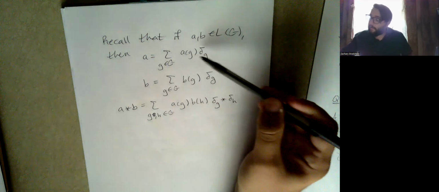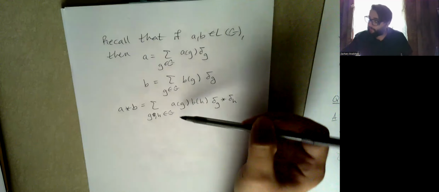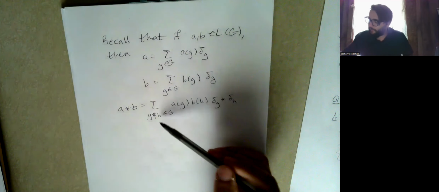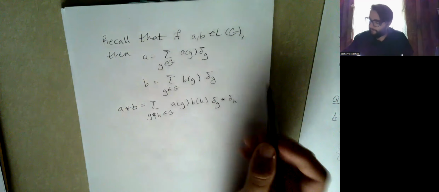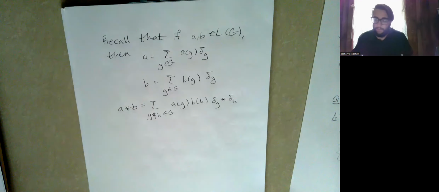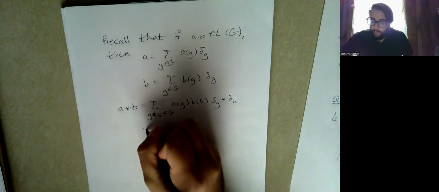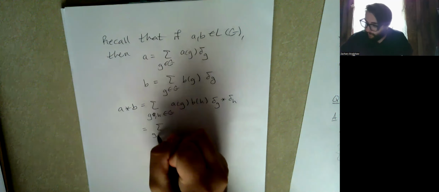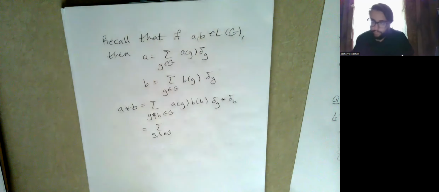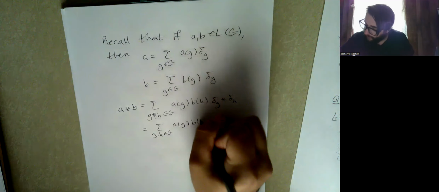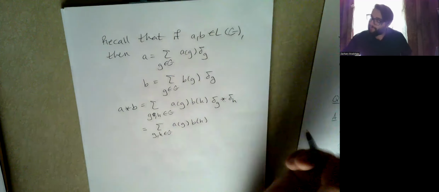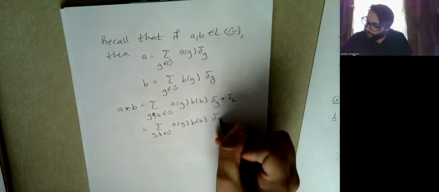I've written out both of these sums, the second one in terms of H, and I've assumed that the distributive law holds. So this is just some product here, and this is a sum over G, H in G of A of G, B of H. And whenever this is the convolution, we get delta GH.